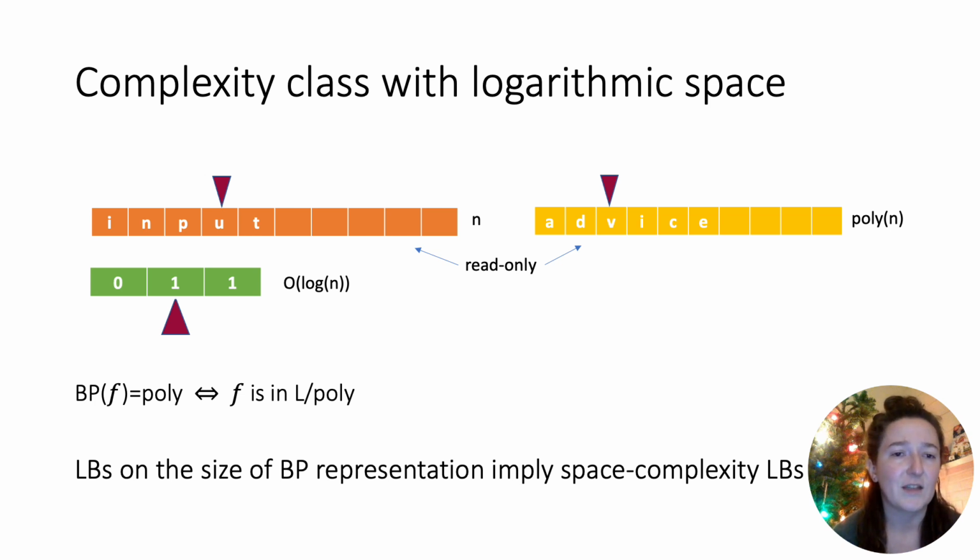And the connection of the size of branching programs with space complexity gives us a really nice way to prove lower bounds on the space complexity of, for example, streaming algorithms through proving lower bounds on branching programs.